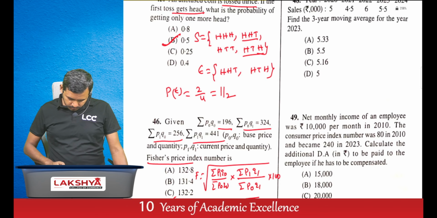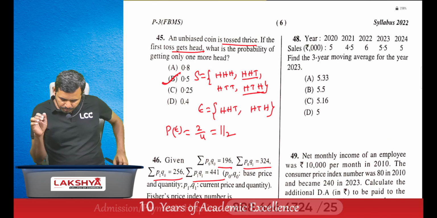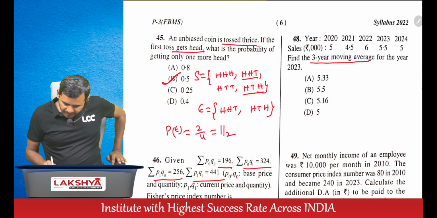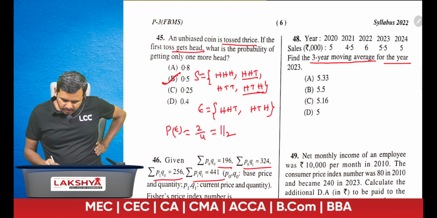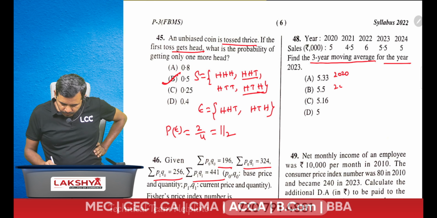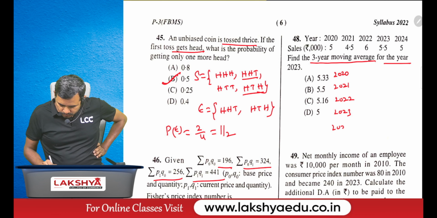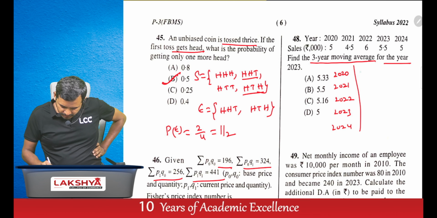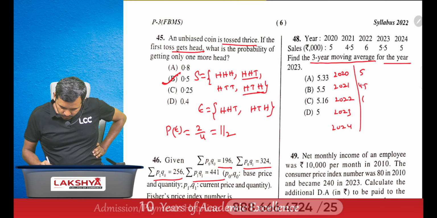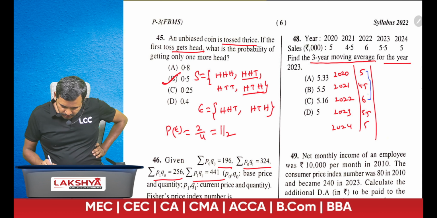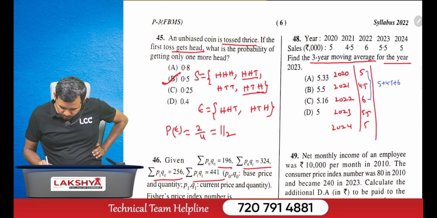Next, 48. The following information is given. Find the 3-year moving average against 2023. The years are 2020, 2021, 2022, 2023, 2024. Corresponding sales are 5, 4.5, 6, 5.5, 5. Now we want to find the 3-year moving average. Adding the first three, 5 plus 4.5 plus 6 by 3.